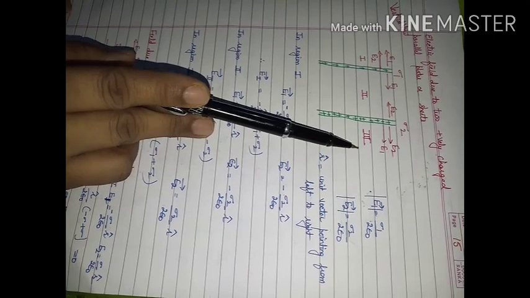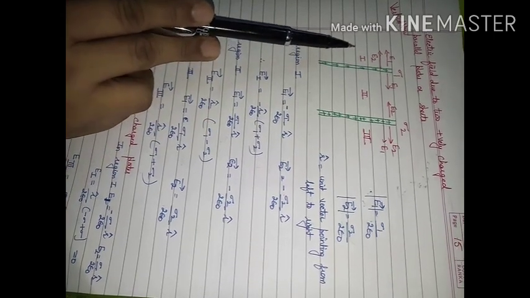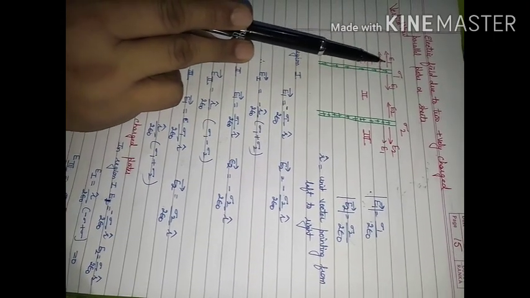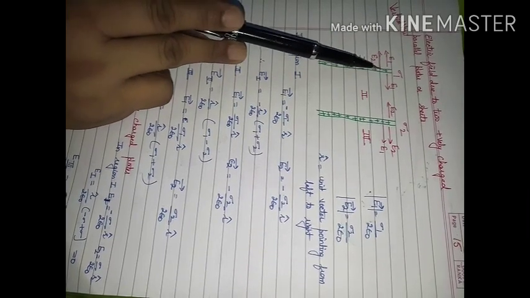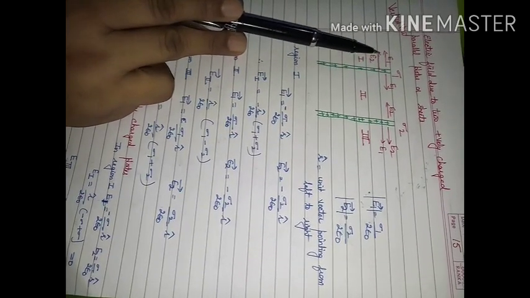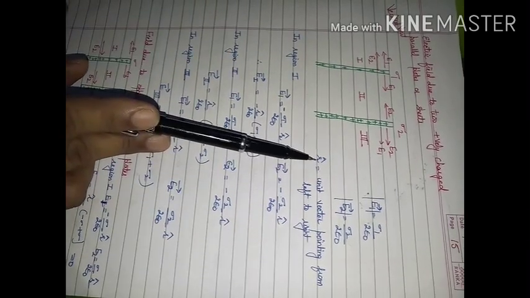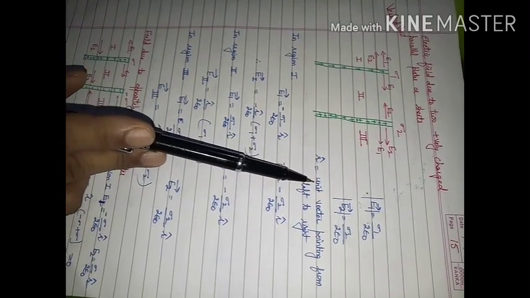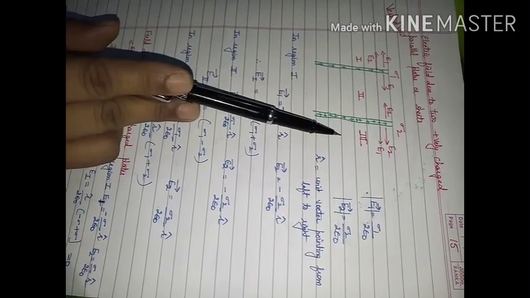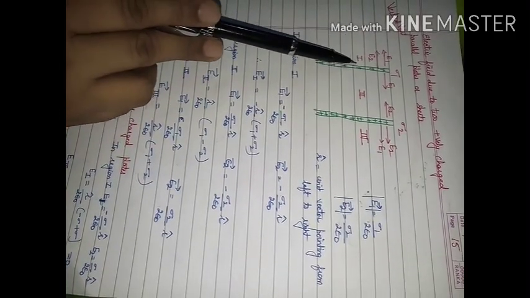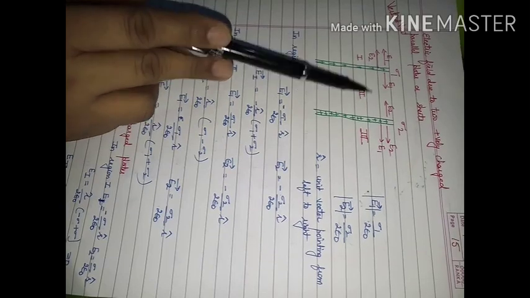So when we consider this region first, here the electric field intensities E1 and E2 are both pointing in the same direction, but their direction is opposite to the direction of R cap, because R cap is pointing from left to right, and E1 and E2 in this part are pointing from right to left.